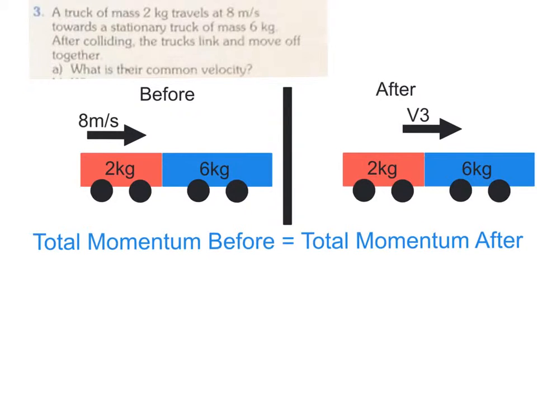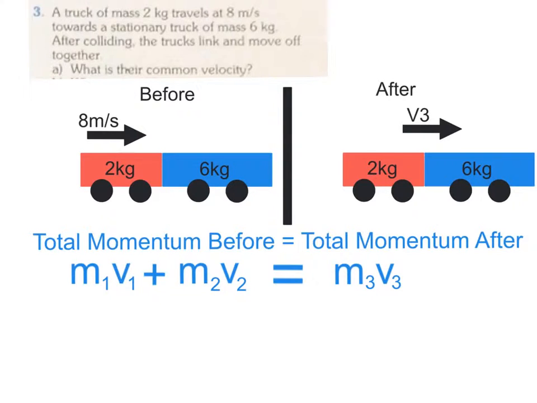And the equation is simply M1V1 plus M2V2 equals M3V3.